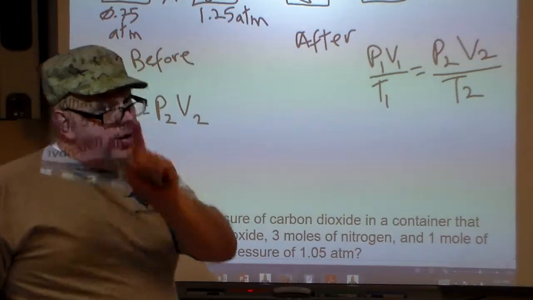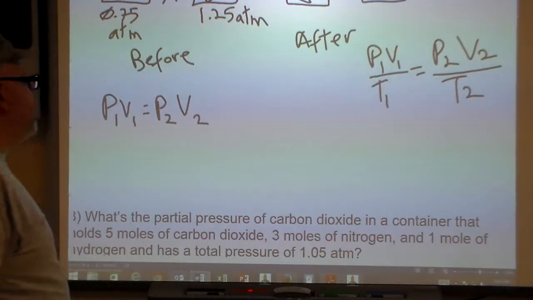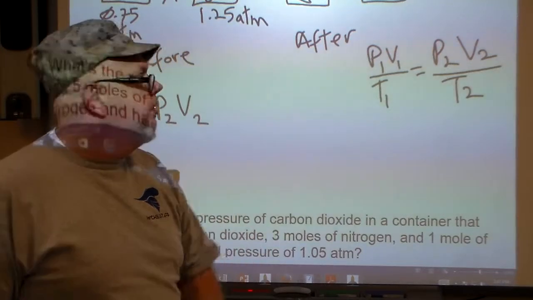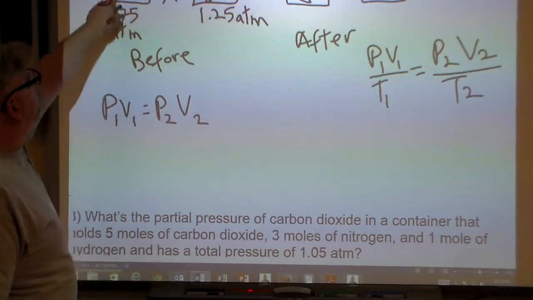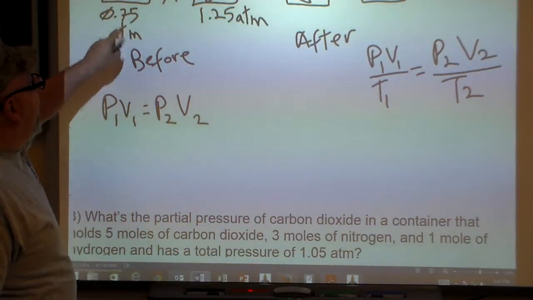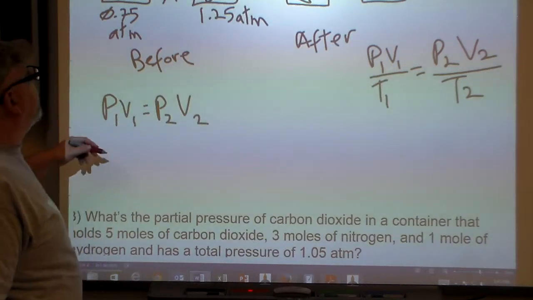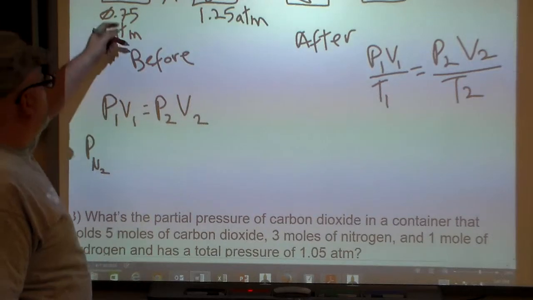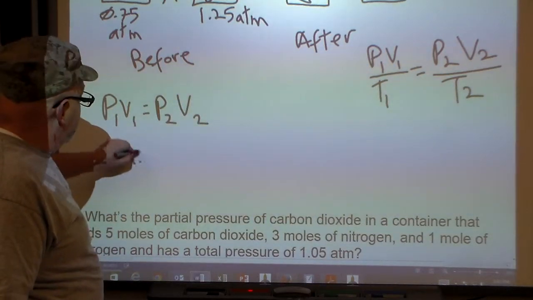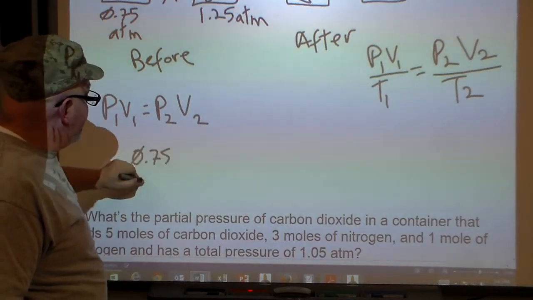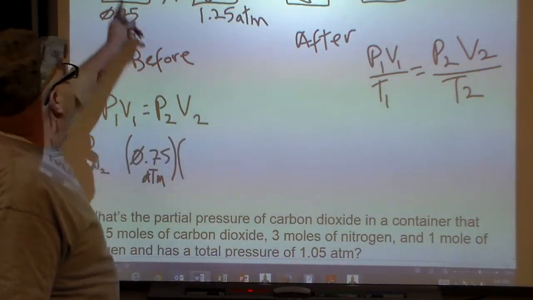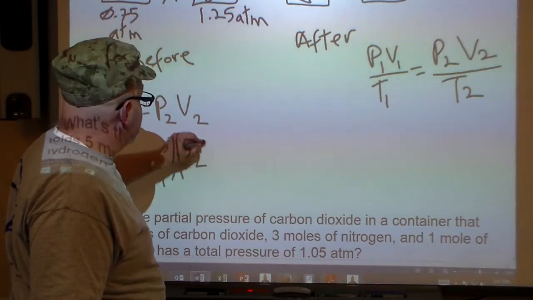Now, watch this. We're going to figure out the partial pressures of each gas. Yep, and we can do that because we, ladies and gentlemen, have it here. So let's take a look at the partial pressure for nitrogen. So we're going to look at the pressure for the nitrogen. We know at the beginning it's 0.75 atmosphere multiplied by the volume, 5 liters.